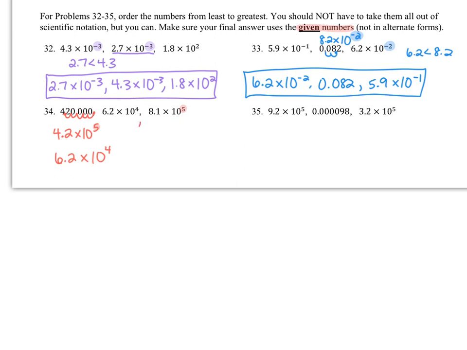So compare their factors. 4.2 is less than 8.1, so that means that 4.2 times 10 to the 5th is less than 8.1 times 10 to the 5th. So then comes next, we got to write in the given form, so 420,000. Then 8.1 times 10 to the 5th.